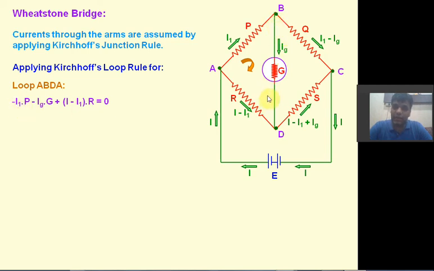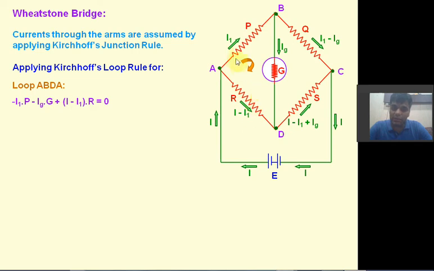Again in the clockwise direction we take a negative sign for Ig into G. Then the current is in the opposite direction while we move clockwise, so across resistance R the value is I minus I1 into R with a plus sign, according to the sign convention of Kirchhoff's law.